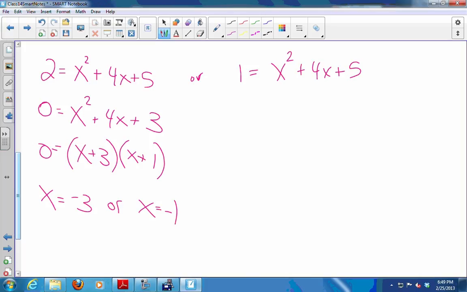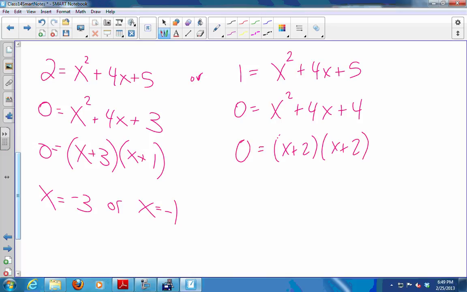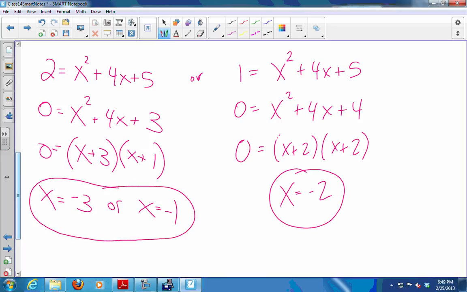Then I have to solve this equation. Subtract 1 from both sides, factor the right, and I get x plus 2 times x plus 2. Set each factor to 0, and you get x equals -2, and you get that twice. No need to write it a second time. So there are actually 3 values of x that make that original equation true.